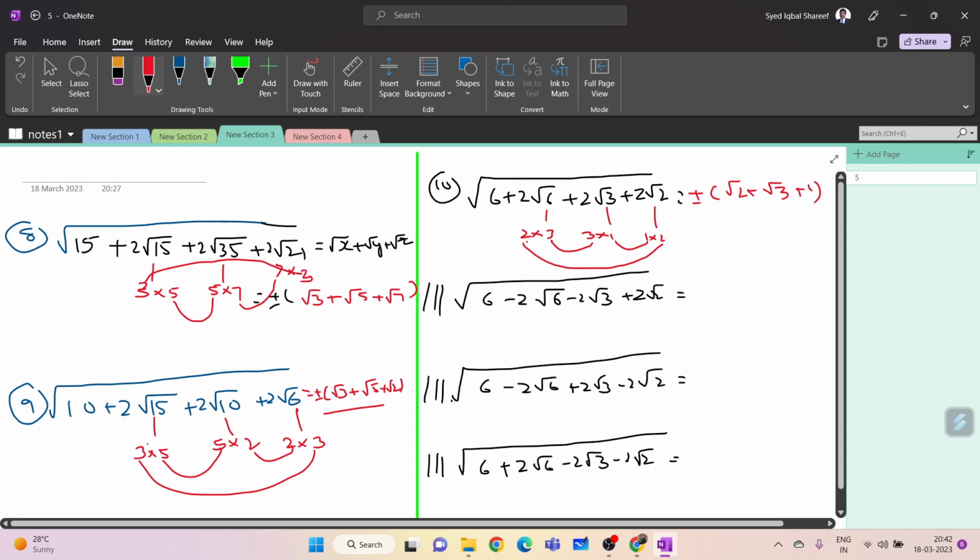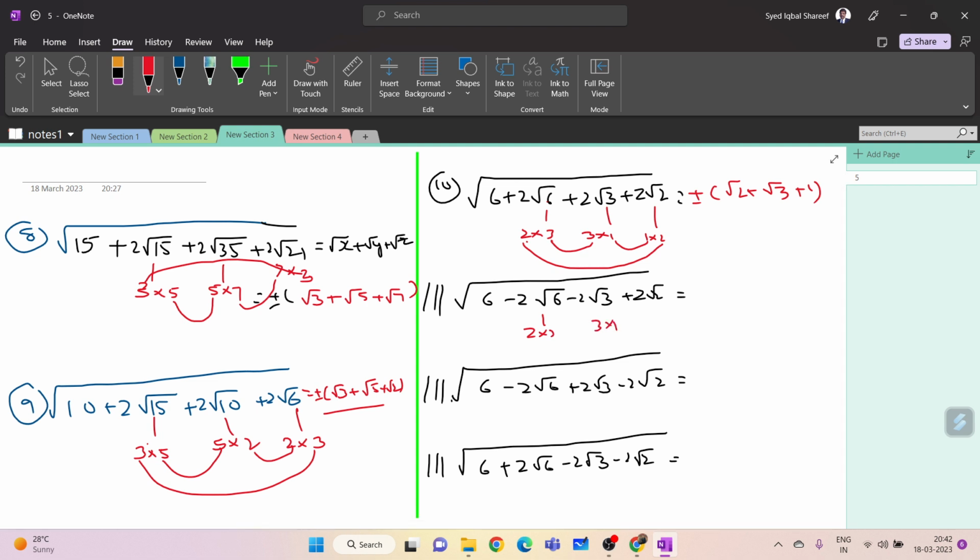Now here, see here. What is a factor? 2 into 3, 3 into 1, 1 into 2. So here also the same question. I have written the same question, but the signs change. Which signs change?